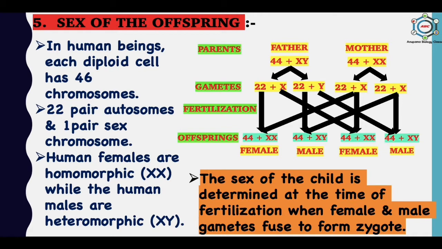And if a sperm carrying a Y chromosome fertilizes an egg carrying an X chromosome, a male offspring will be formed. So in future, whether a male child or female child will be born depends totally on the male chromosome because males are heteromorphic, never on the female chromosomes because they are always homomorphic. So this is the sex determination in the case of offspring.